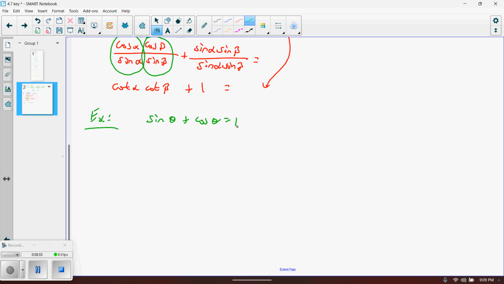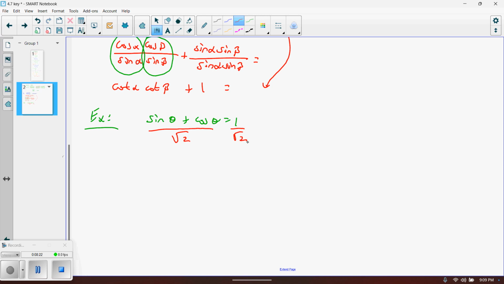So again, this is not going to seem intuitive, but what we're going to do is divide both sides by the square root of 2.